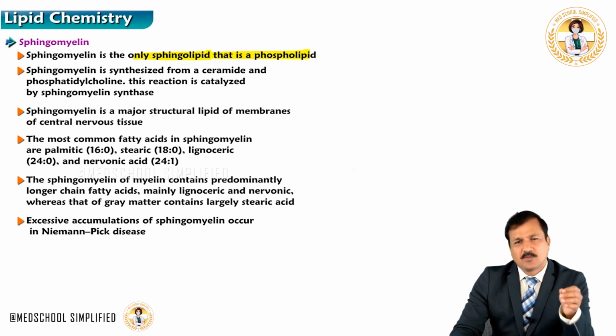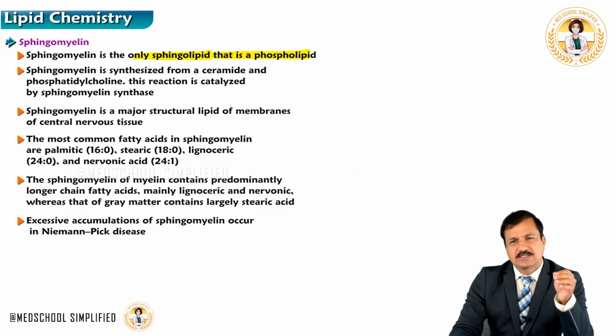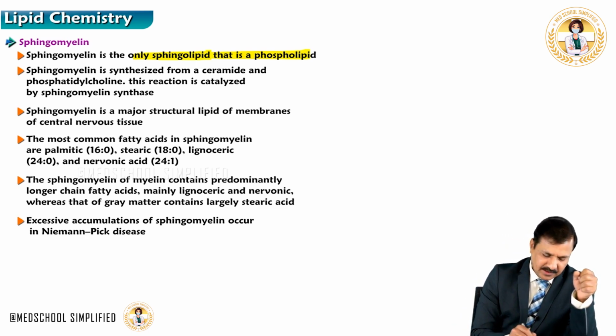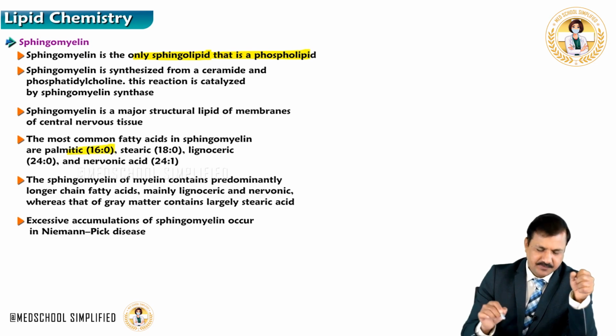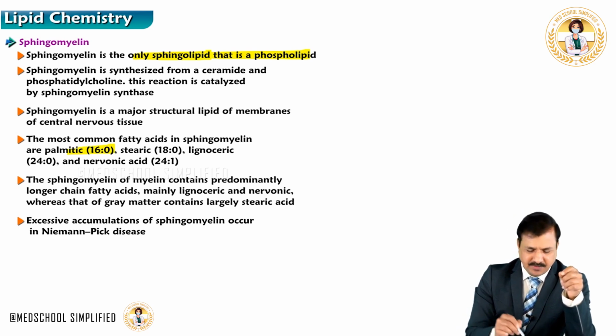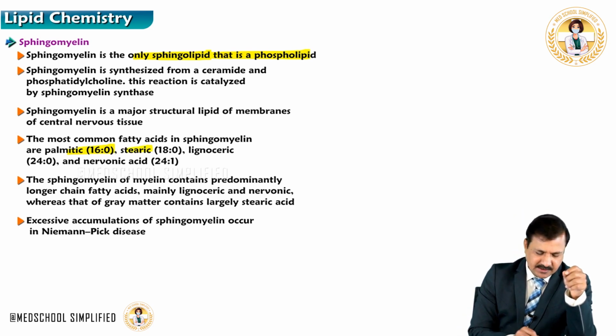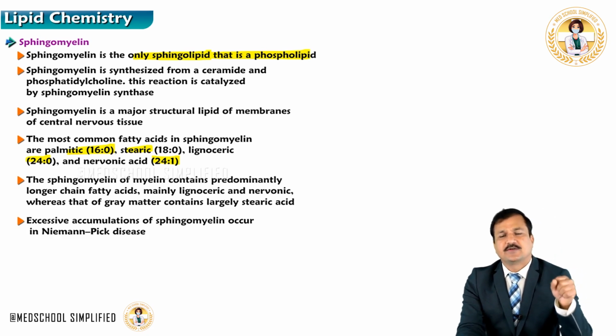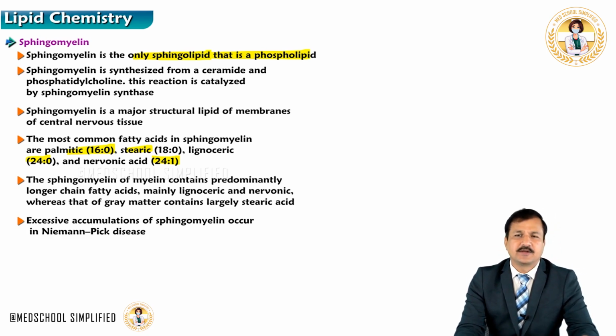And the most common types of fatty acids found in sphingomyelin are palmitic acid, which contains 16 carbon, stearic acid, which contains 18 carbon, lignoceric acid, a 24 carbon fatty acid, or nervonic acid, which is a 24 carbon monounsaturated fatty acid.